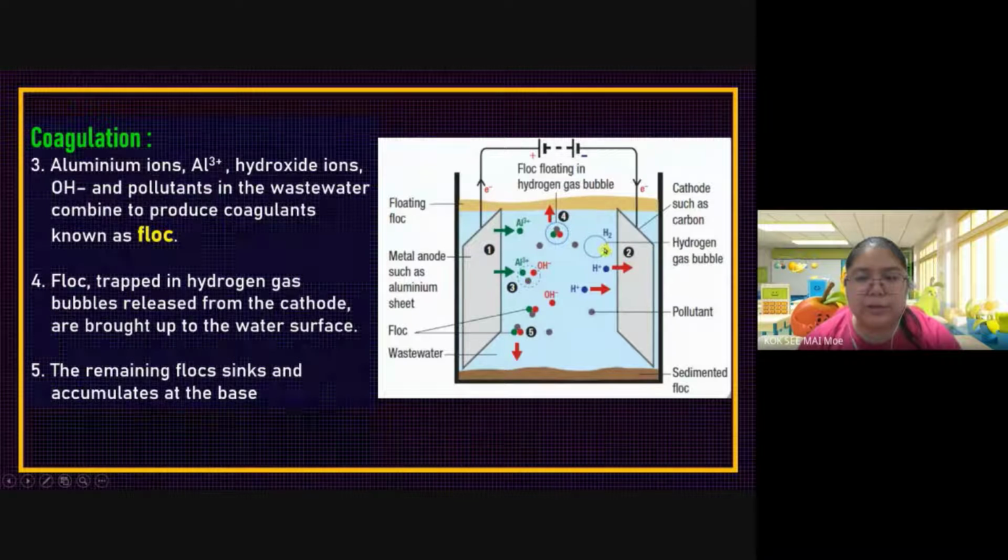Because the hydrogen gas was already released, then they get hydroxide ions. The aluminium ion just now, the Al3+, with the hydroxide ions, and pollutants in the wastewater, will combine to produce a coagulation known as floc.